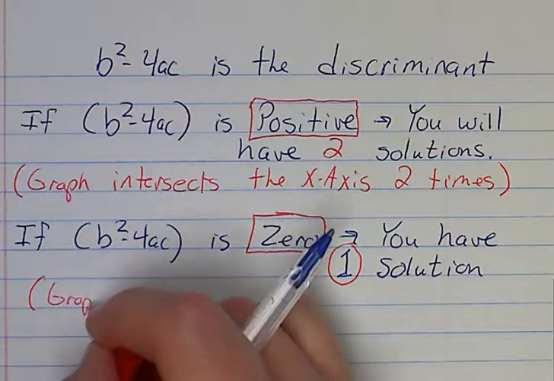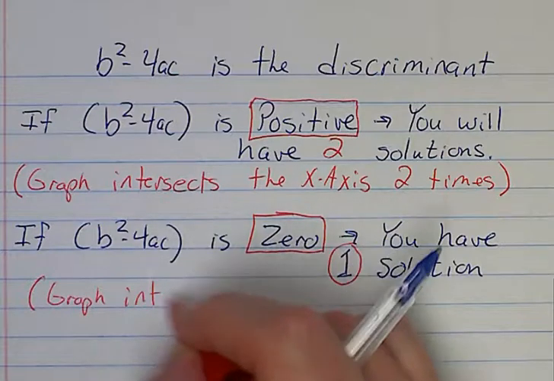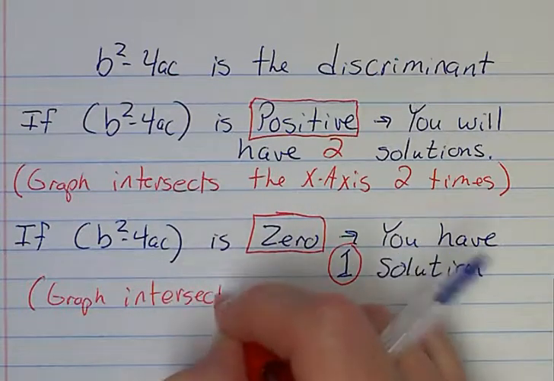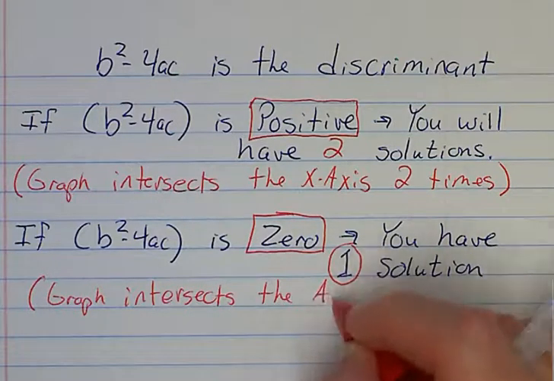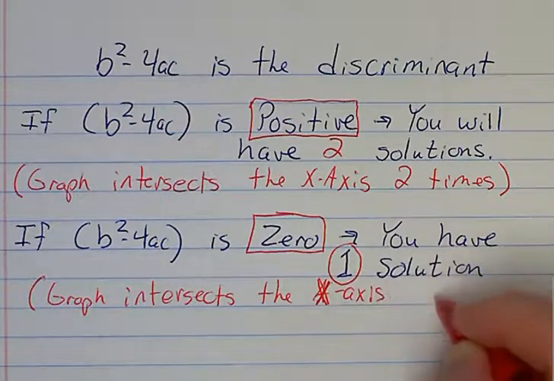And same thing for the graph: it's going to intersect the x-axis 1 time.